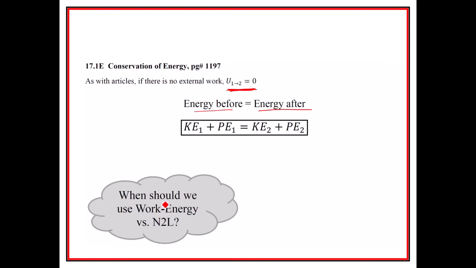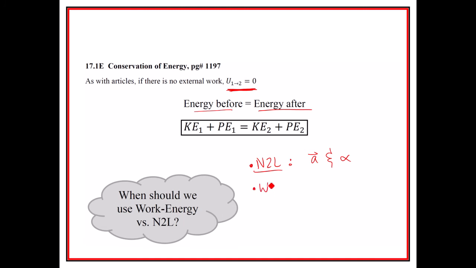We might ask ourselves, when should we use work energy instead of Newton's second law? As a general principle here, Newton's second law is advantageous when you have accelerations, whether it's a translational acceleration or an angular acceleration.